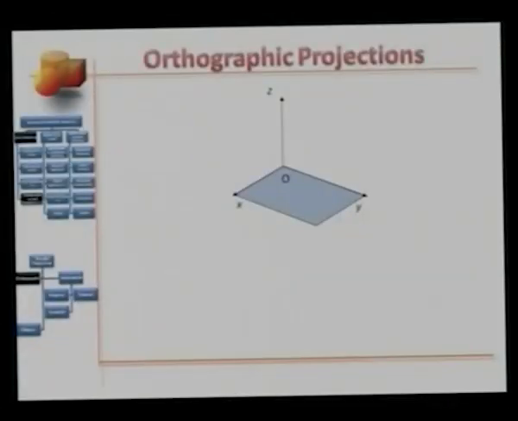Now this explanation is for the first angle projection. This plane here, the xy plane, it will be the top view. Imagine that the object is here and you're looking at the object from the top.